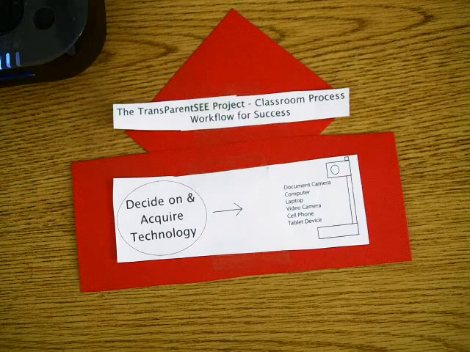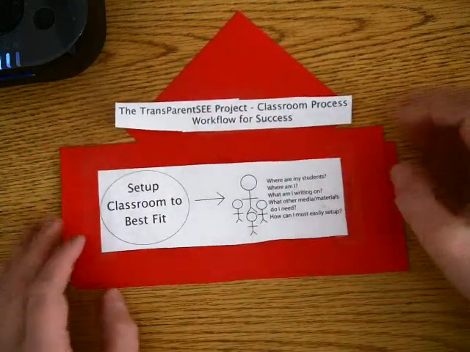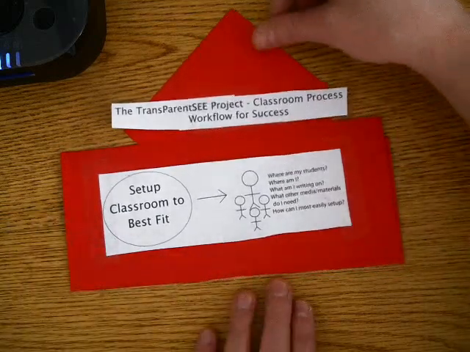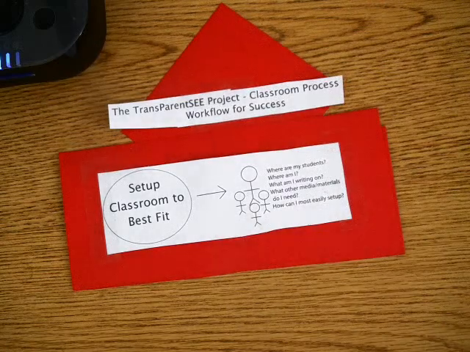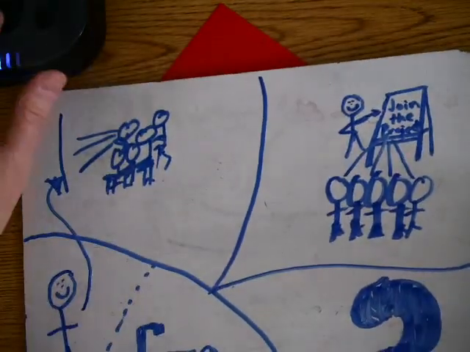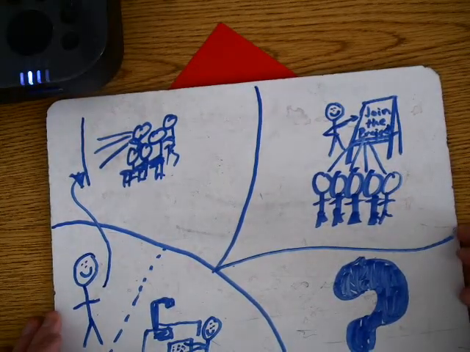So in order to do that, you also have to think about classroom setup, about how to set the classroom up to best fit the instruction. Now, there are a lot of different ways to set a classroom up. So you have to think about things like where the students are, where the teacher is, and what you're using for instruction.